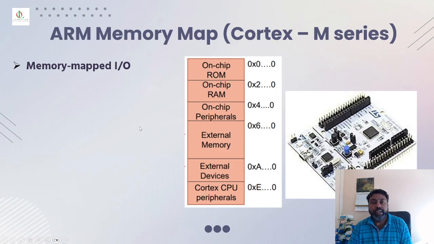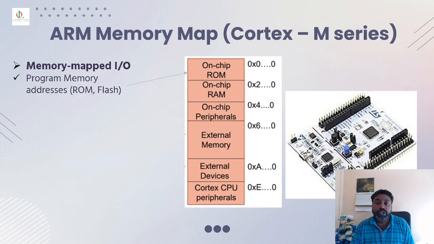So as I was saying earlier, in the memory map with the Cortex M series, every memory location has a starting address and an end address. As you can see, the memory map is with the input-output line. The on-chip ROM, the program memory where your fundamental program to run the chip sits, is between 0x0000 and 0x1FFF.